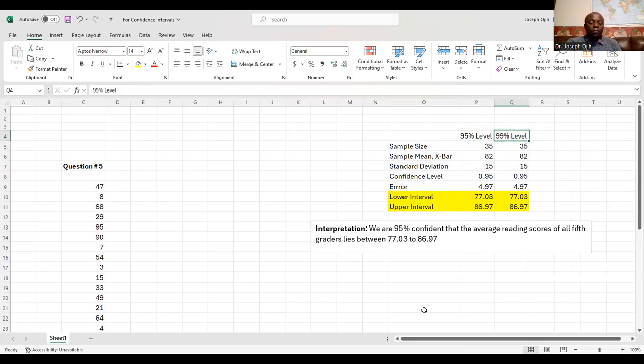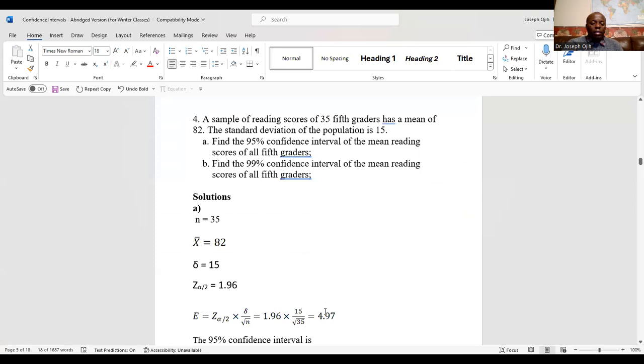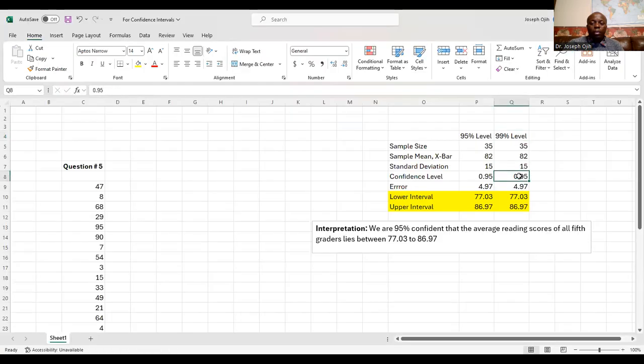So for this one, it says find the 99% confidence. So that means we can just go to that Excel and change this to 0.99. I want you to watch these two numbers as I click outside. See, it will calculate it.